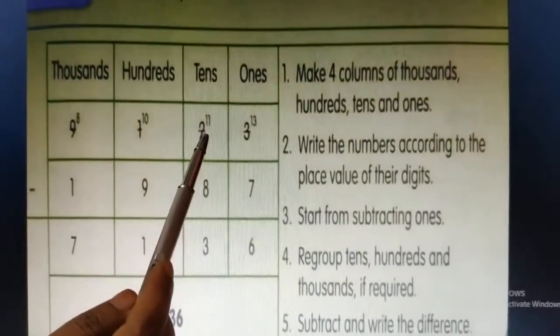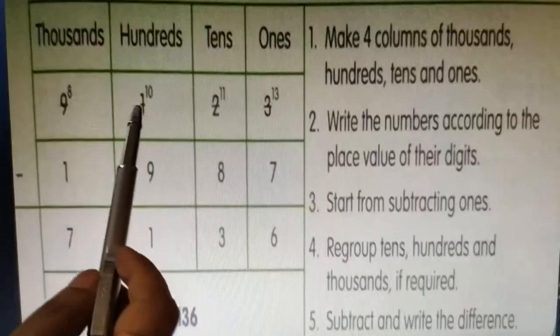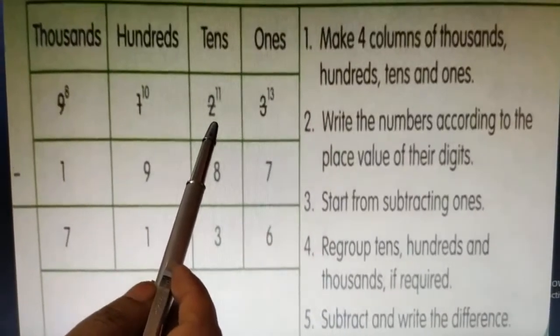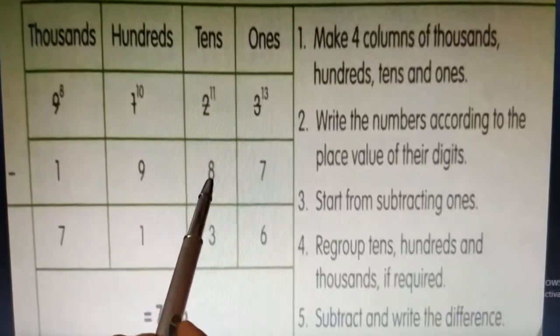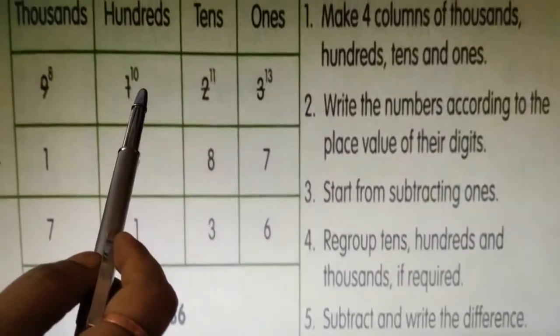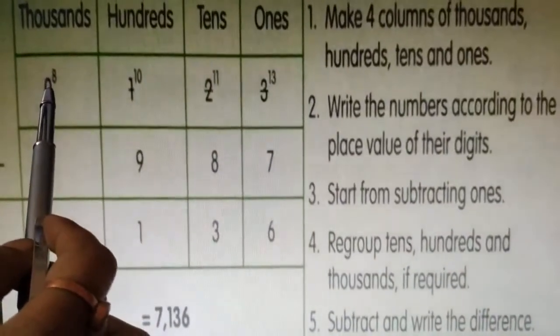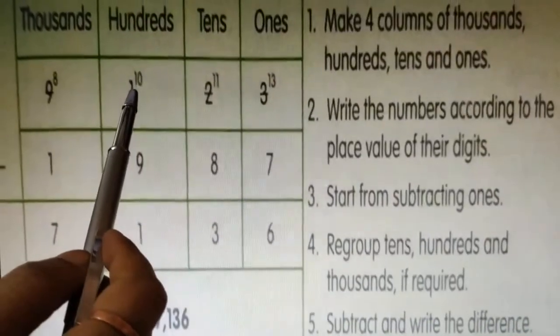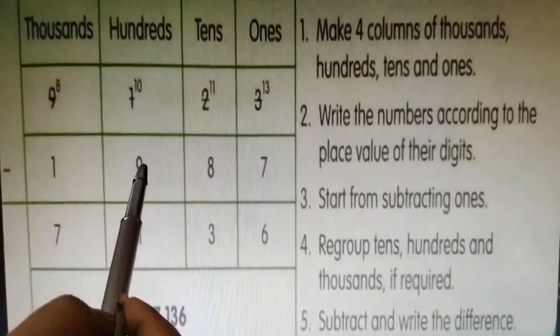So we can't subtract 1 minus 8. So we will borrow from the 100 place. So there will be 11. 11 minus 8 is equal to 3, and there is only 0 remaining. So we will borrow from the 1000 place because we can't subtract 0 minus 9.